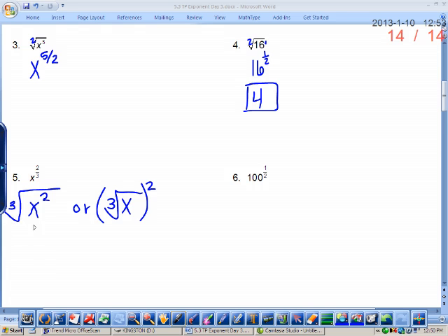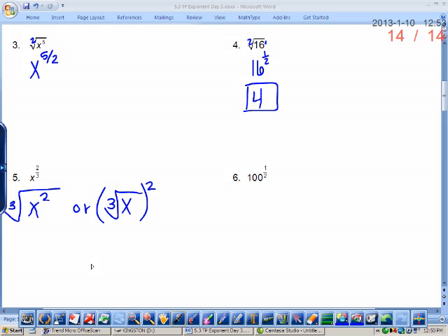If you get a problem like number 5, where x is 10, and it's just 10 to the 2/3 power, can you find out what the answer is? Do you know what the cube root of 10 is?